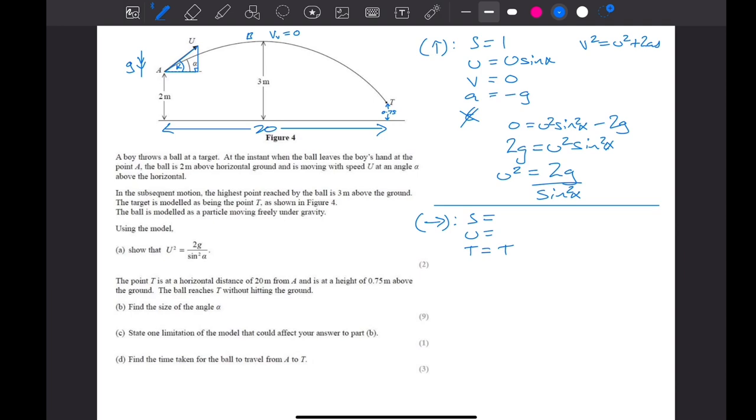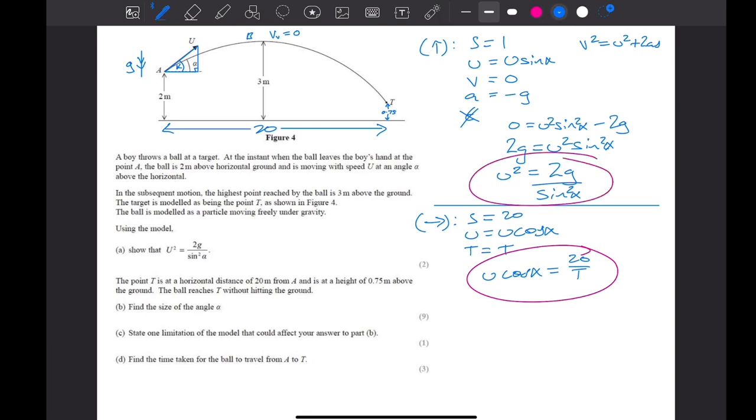The distance travelled we got as 20, and the speed, well, if the vertical speed was u sine alpha, the horizontal is going to be u cosine alpha. So we know our speed u cos alpha is equal to our distance 20 over our time. Lovely jubbly, we can rearrange that if we want, but we don't know yet what we want as the subject, so we'll just leave it as that. But that's one equation that we've got. So let's circle that. We'll circle this one too.